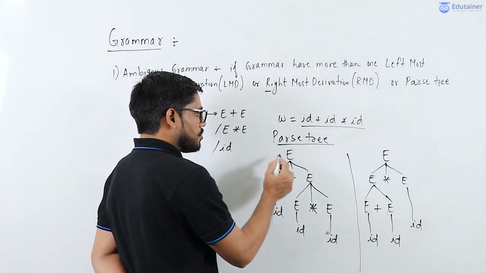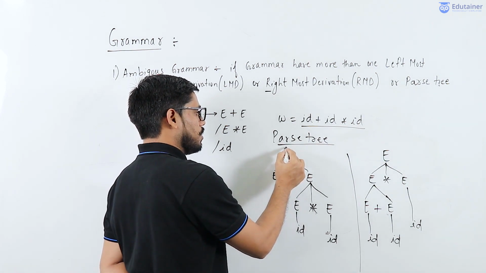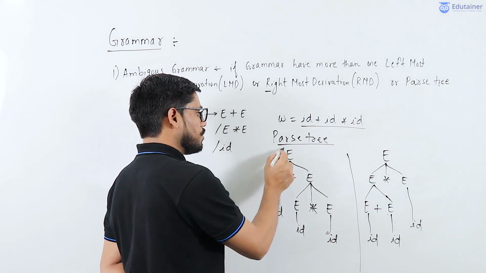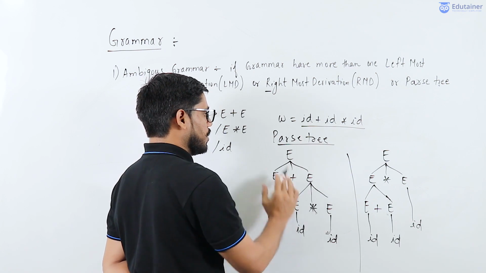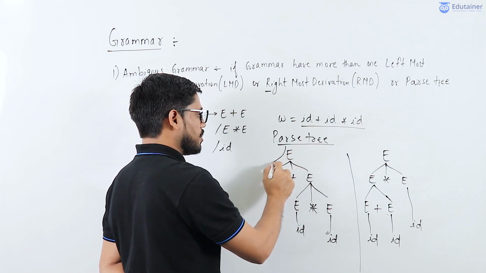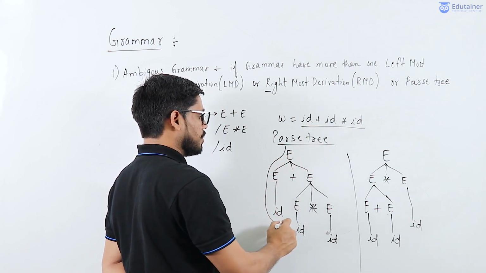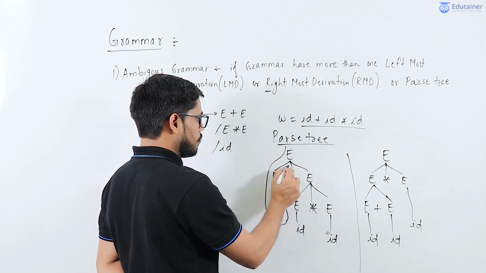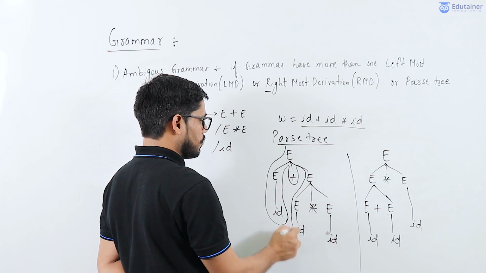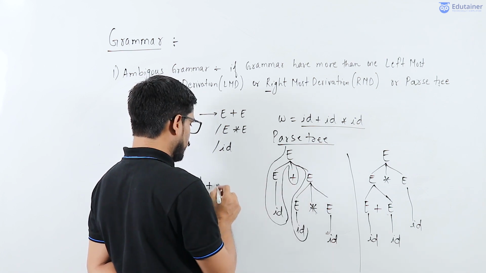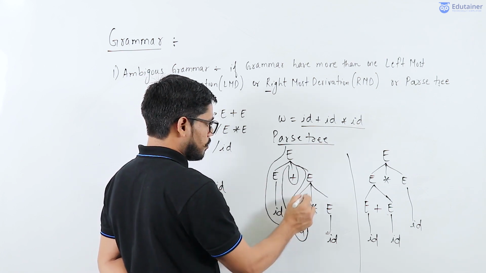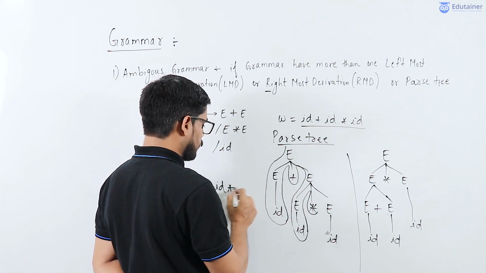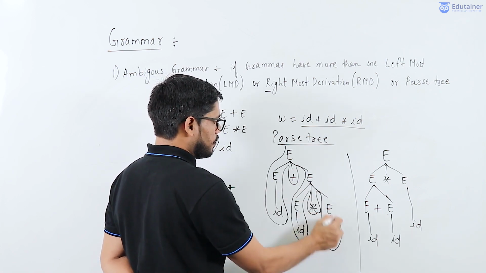How to traverse the parse tree? You can traverse the parse tree from top to bottom, left to right. So whenever I traverse this parse tree, I will get the same result, ID, then again ID, so ID plus ID, then star, and finally ID.